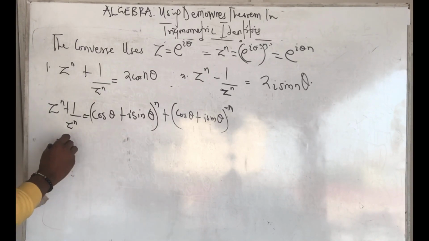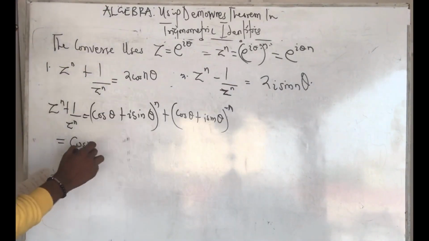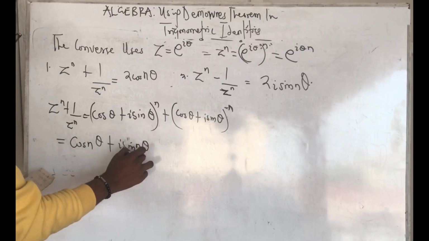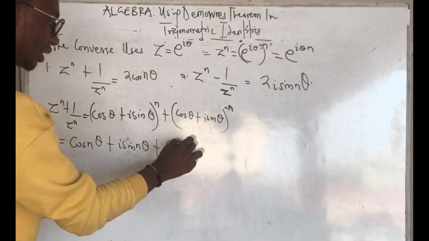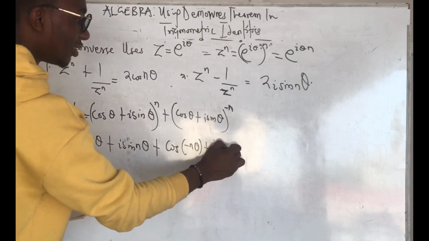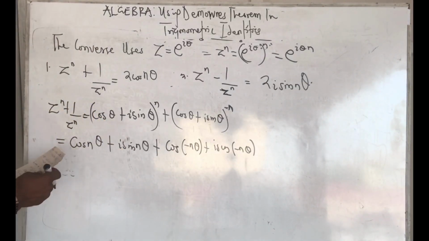So upon simplification, we get what? Cos n theta. This one can now turn to be this one. So we get cos n theta plus i sine n theta, plus in this place we got cos of negative n theta plus i sine negative n theta.